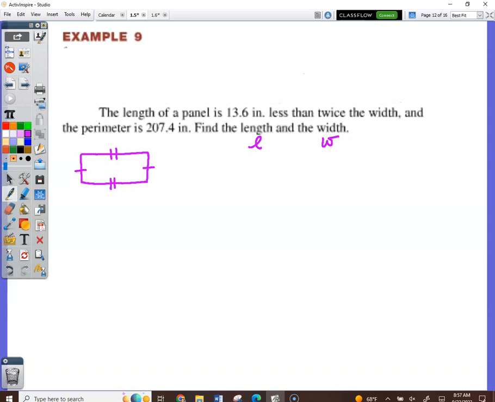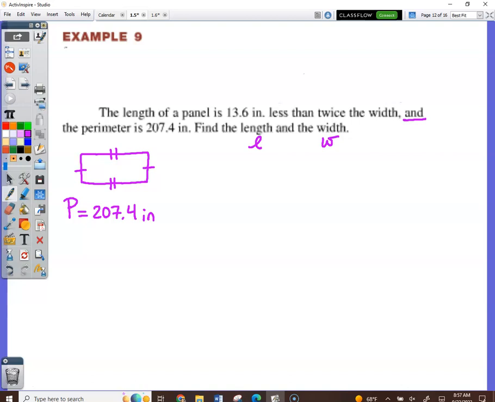So read the question, or read the sentence. The length of a panel is 13.6 inches less than twice the width, and the perimeter is 207.4. There's your two equations. Now let's take notes. The perimeter, I'm going to do a capital P for perimeter, is 207.4 inches.